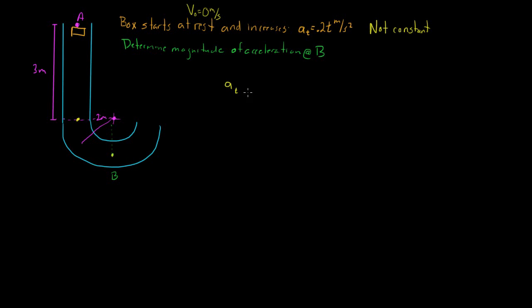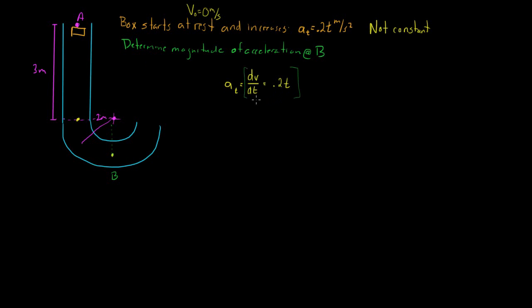The tangential acceleration is equal to dv over dt, and this is equal to 0.2t. So what we can do is separate our variables and integrate. Let's just look at this part of the equation, because we substituted in what a_t is.